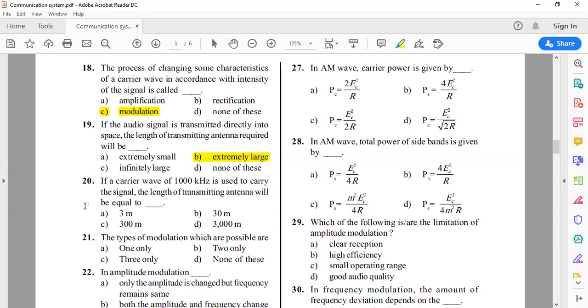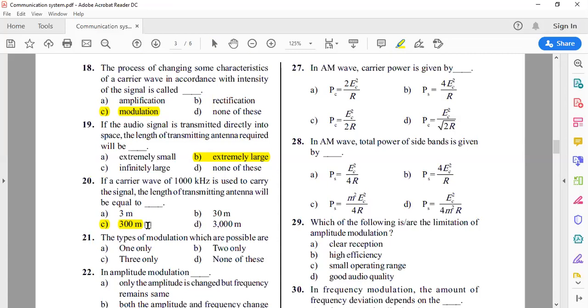C is the velocity of light, 3 into 10 raised to power 8, divided by 4 into the frequency of this carrier wave, that is 1000 kilohertz. When you put in the given values, the length of the transmitting antenna for this 1000 kilohertz carrier wave is 300 meter. So the correct option for question number 20 is 300 meter.